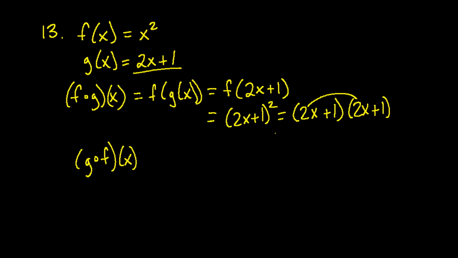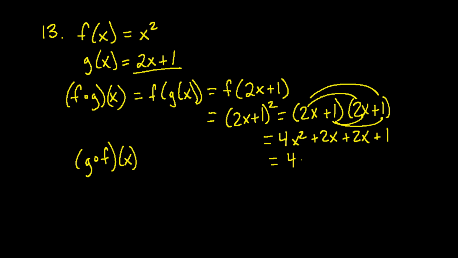So 2x times 2x is 4x squared, 2x times 1 is 2x, 1 times 2x is 2x, and 1 times 1 is 1. And combining our like terms, we get a 4x as the middle term. So f of g of x equals 4x squared plus 4x plus 1 in this case.